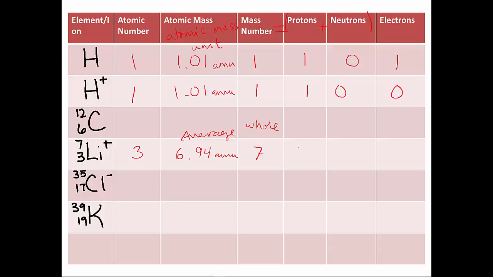Alright, protons would be 3 with the atomic number. Neutrons would be 7 minus 3, mass number minus protons, is 4. And for electrons, we have a positive charge, which means we've lost one of our electrons. If we started with 3, because it's the same as the protons, and we've lost one, we now have 2. That's it.